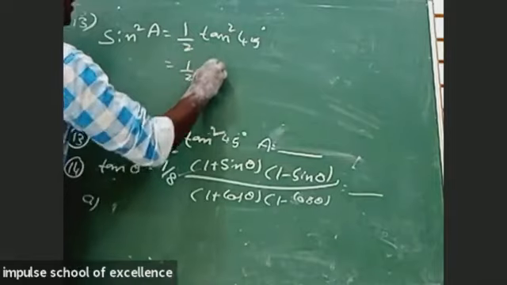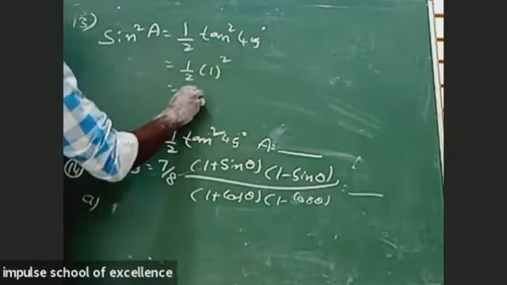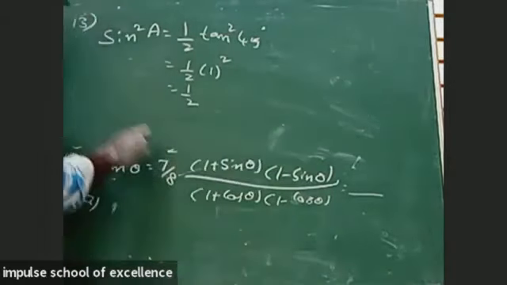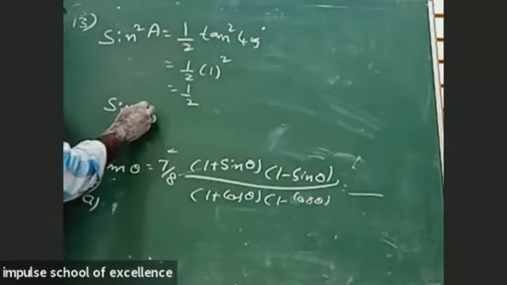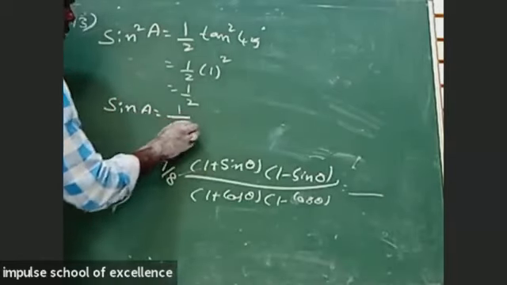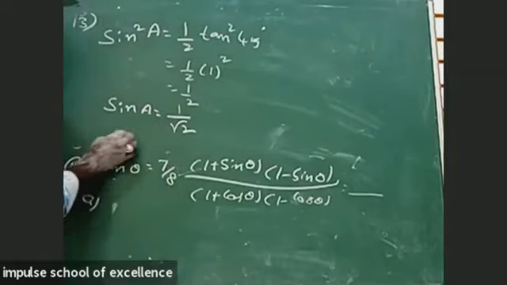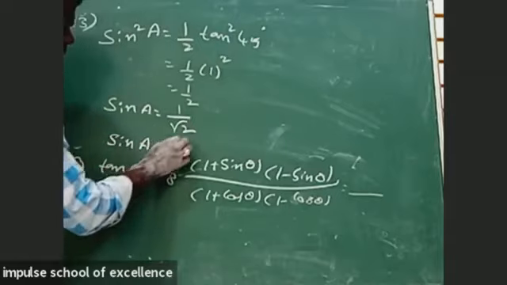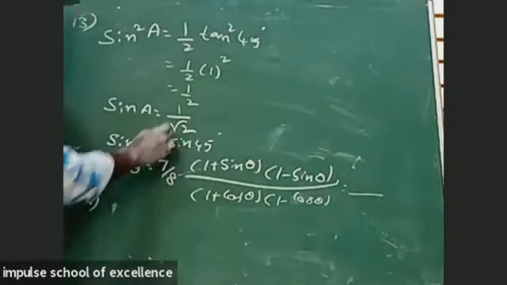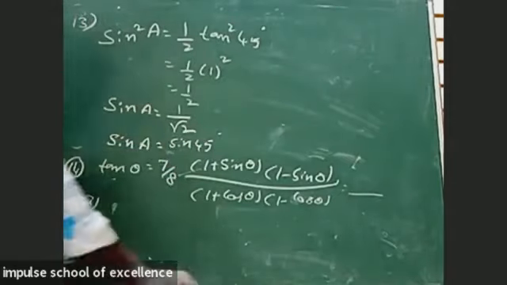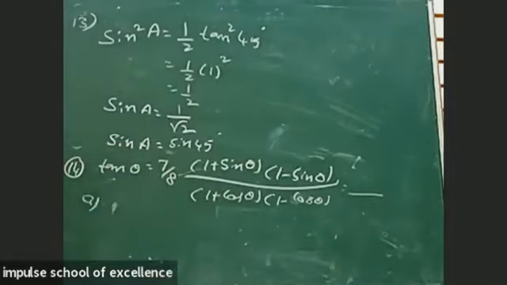So that is 1 by 2 into 1 square, which is 1 by 2. They asked for sin square A, so sin A is equal to 1 by root 2. Sin 45 degrees is 1 by root 2, so A is equal to 45 degrees. Got it, ma'am? Yes, sir.